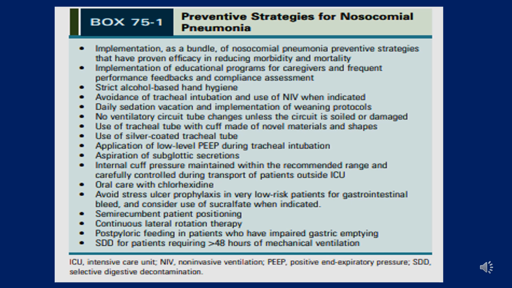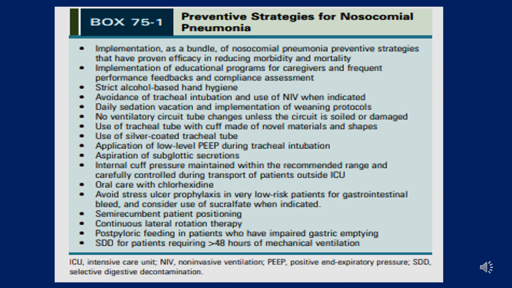Avoidance of tracheal intubation and use of non-invasive ventilation when indicated. 5. Daily sedation vacation and implementation of weaning protocols. 6. No ventilatory circuit tube changes unless the circuit is soiled or damaged. 7. Use of tracheal tube with cuff made of novel materials and shapes. 8. Use of silver-coated tracheal tube.